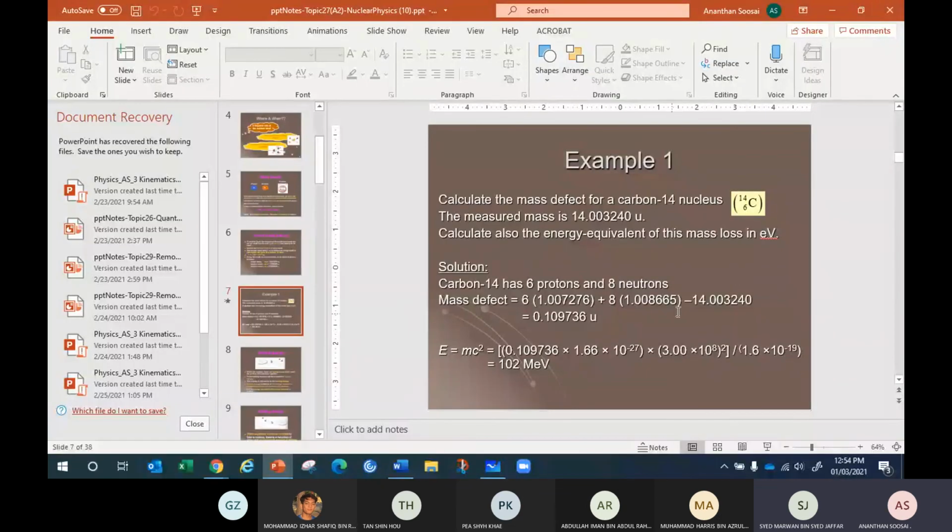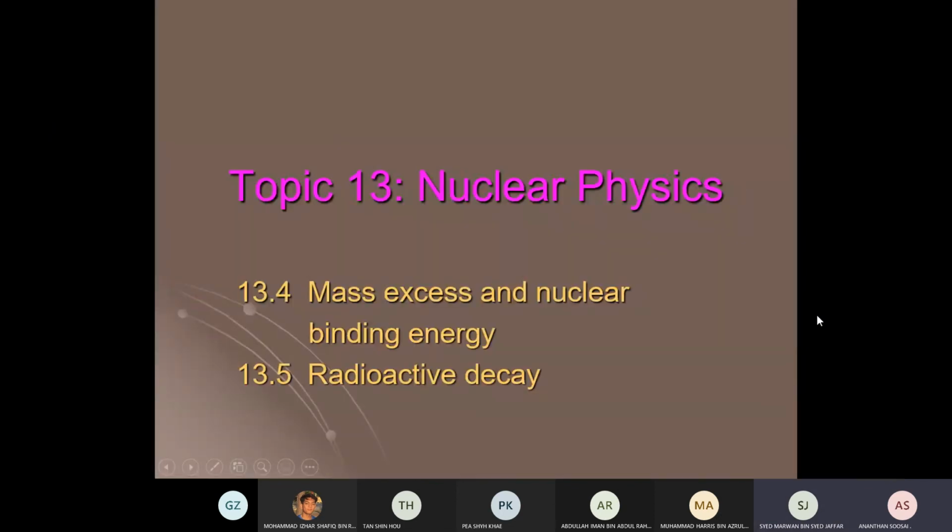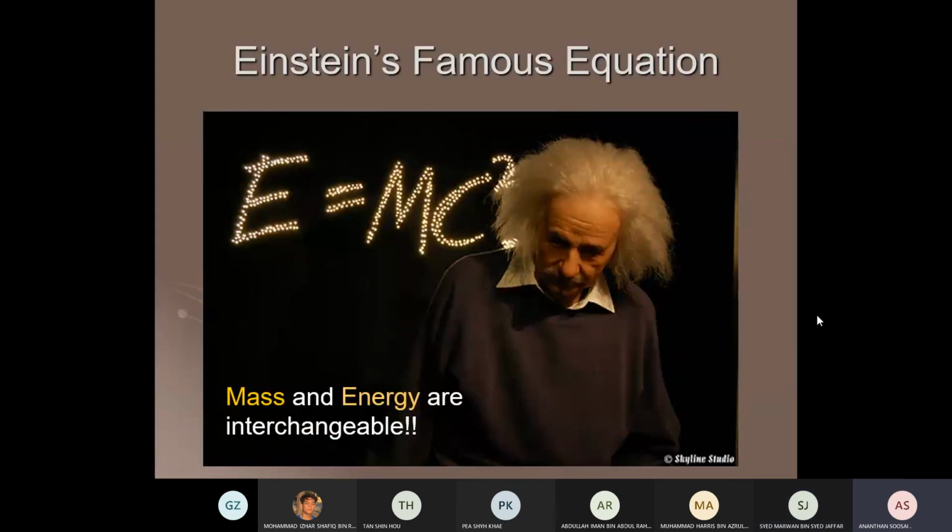Okay, so this is the introduction for today. I don't want to go further. So what did we introduce today? E equals mc squared. What is the significance of this formula? Einstein's idea: mass and energy are interchangeable.